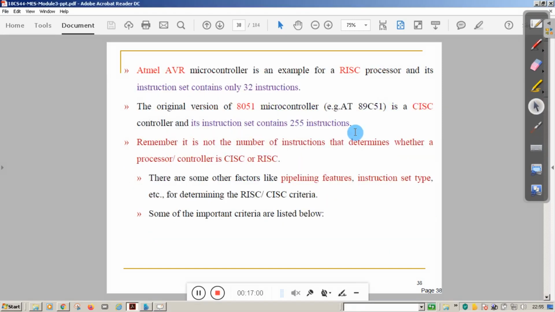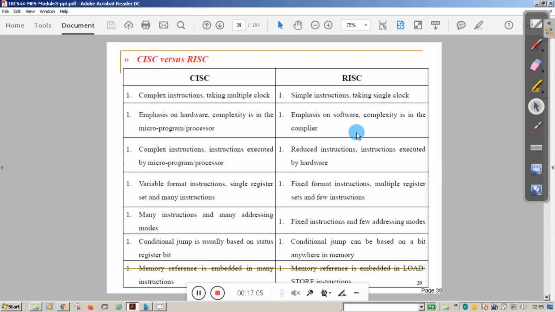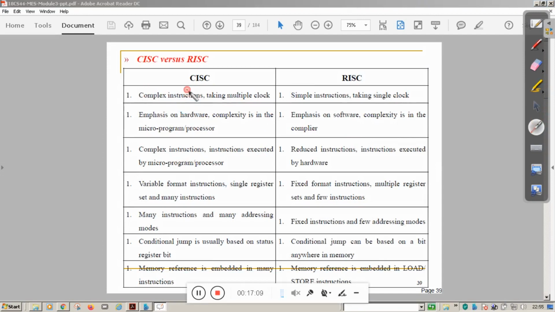Now we see the difference between CISC and RISC. CISC has complex instructions taking multiple clock cycles, with various types of instructions like 1 byte, 2 byte, 3 byte, 4 byte, 5 byte, 6 byte.